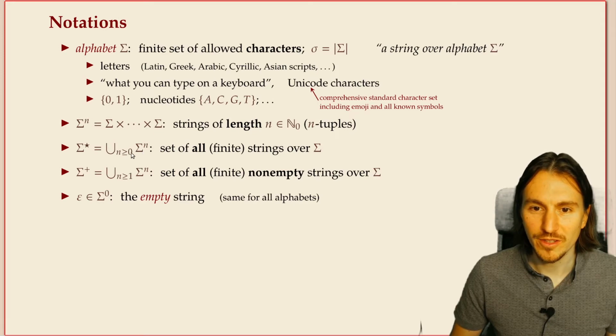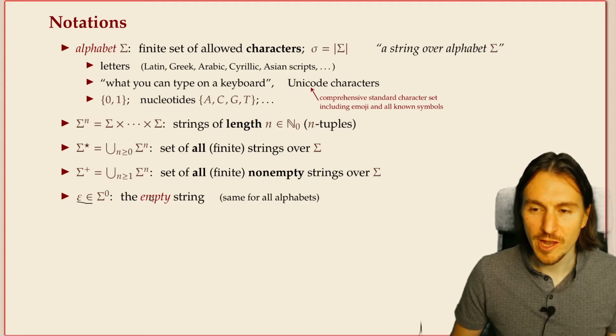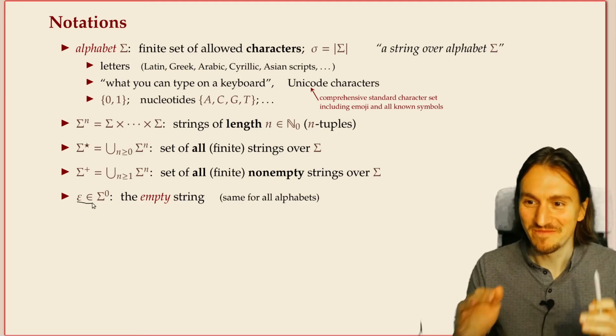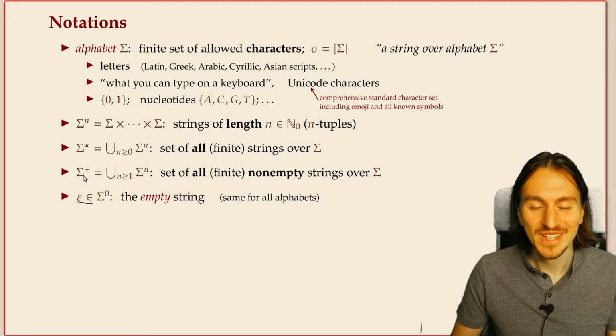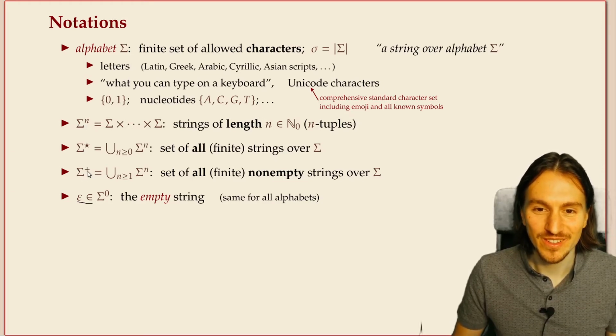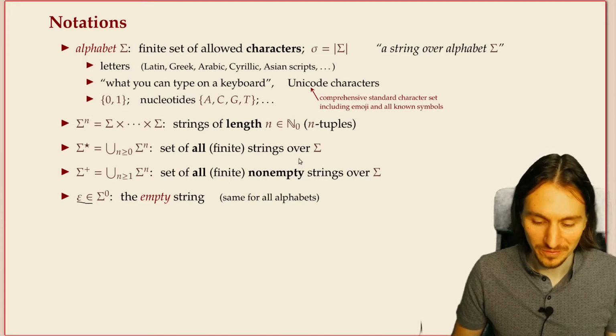So the union of all these for any n greater or equal 0. And it includes the empty string, which is written as this little epsilon. That's the empty string, and we sometimes want to write it, even though it's actually just nothing, empty, right? And something that's also useful as a shorthand, the sigma plus is all the strings that have finite size but not 0.